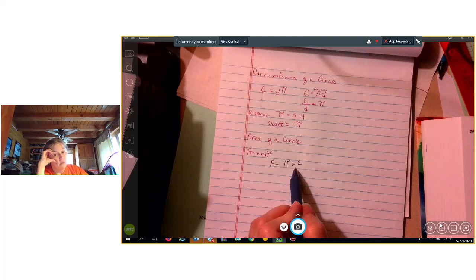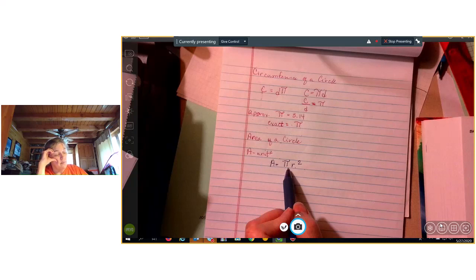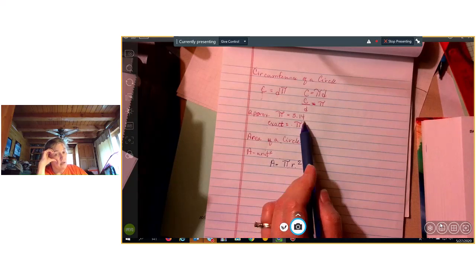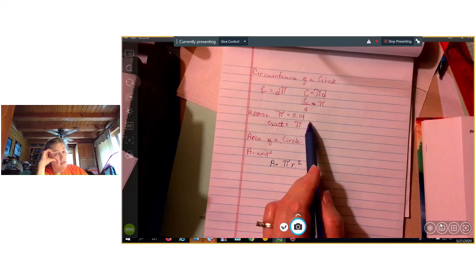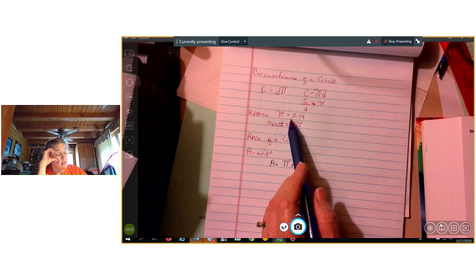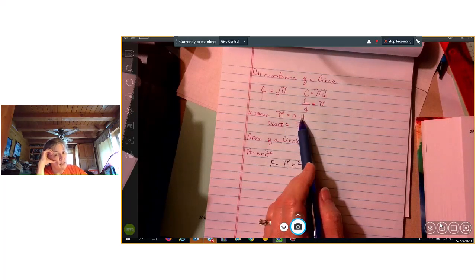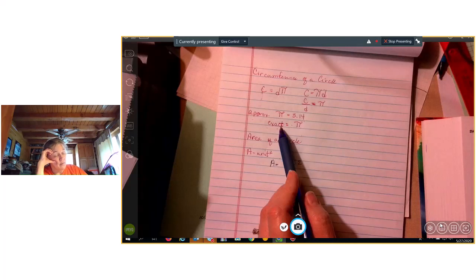So I'm multiplying the radius times the radius, so that gives me my units squared times pi. Now the same thing goes here that goes up here. If it asks for a decimal, an approximate answer, and to round the decimal to 2 places, then it wants you to use 3.14. If it asks for an exact answer, then you use the pi symbol.